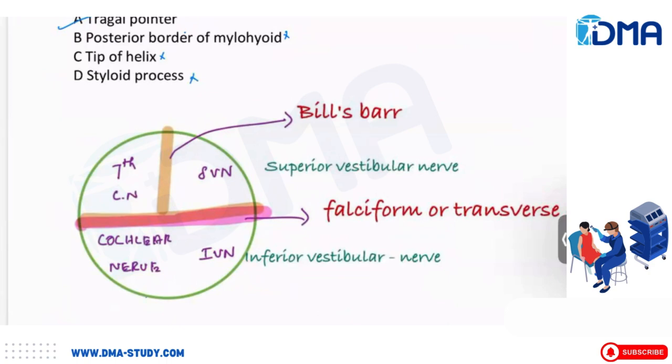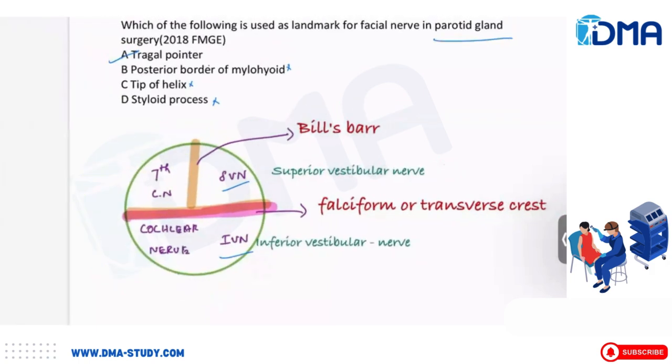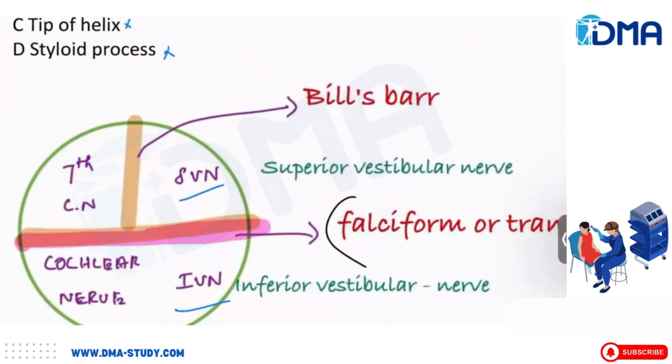So seventh nerve above, cochlear nerve below, and then the SVN above, IVN below, superior vestibular nerve above, inferior vestibular nerve below. This is divided by the falciform or transverse crest. Above, there will be Bill's bar between the seventh nerve and the SVN.